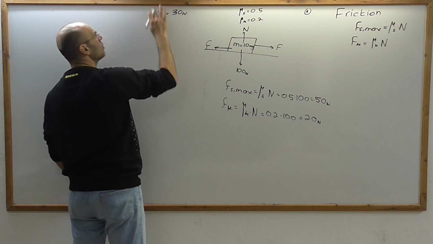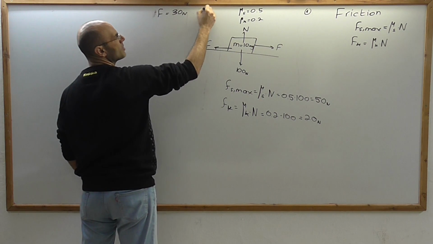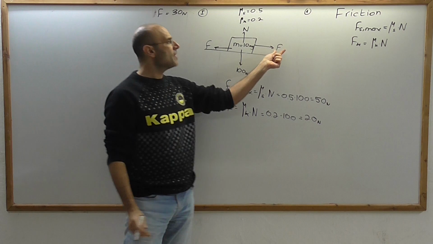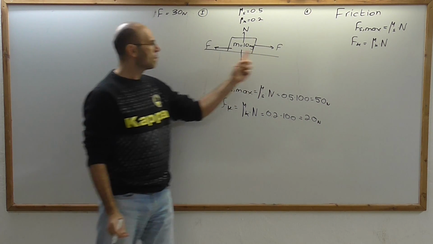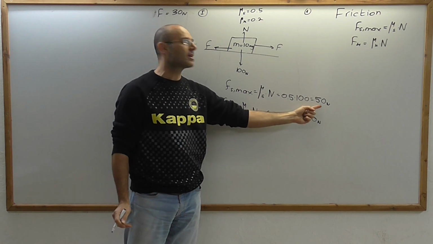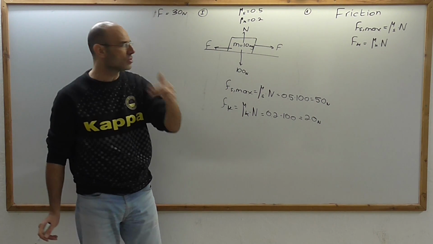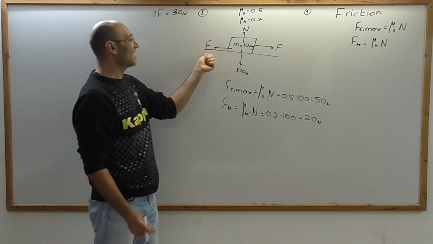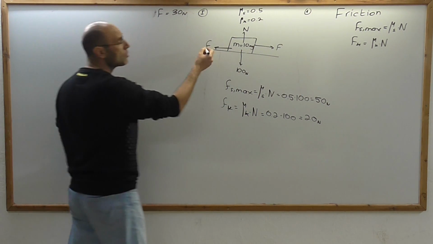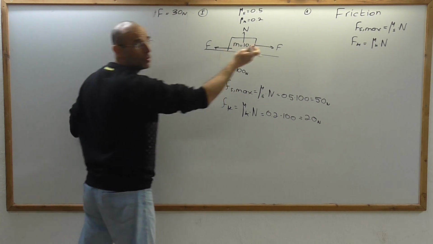First of all, what will happen if F equals, let's say, 30 Newton? This is our first question. And the mass is static. If F is 30 newtons, the static friction can adjust up to 50 newtons, which means that it can also be 30 newtons, and the mass won't move.